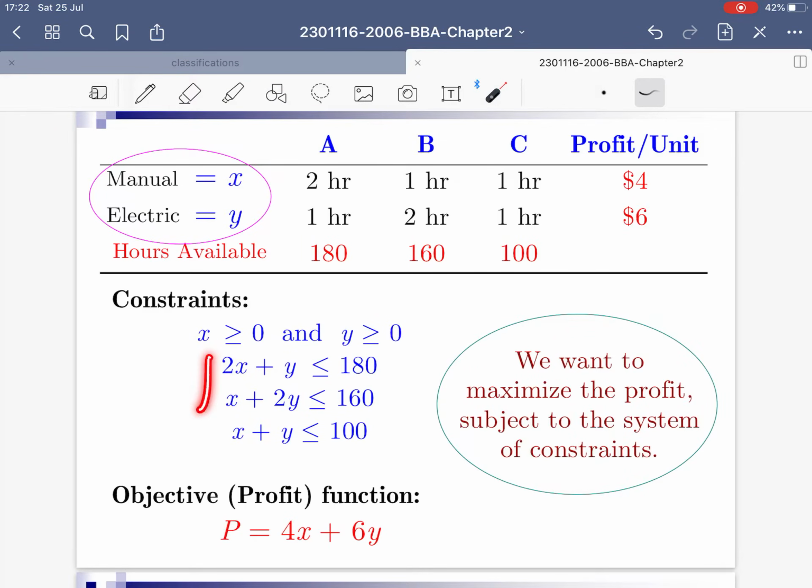So you need to know where all the pairs x and y are that satisfy these 3 conditions, of course together with these 2 conditions, okay.